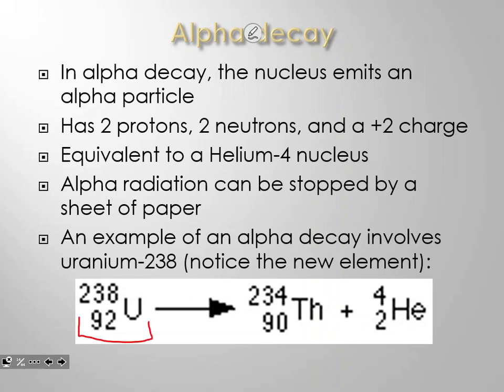On the left side of an arrow, we typically call that the reactant side, or what are you starting with? That's the starting material. The arrow indicates some kind of reaction occurs. In this case, it's going to be a nuclear reaction, not a chemical reaction. On the right-hand side are the products of the reaction.